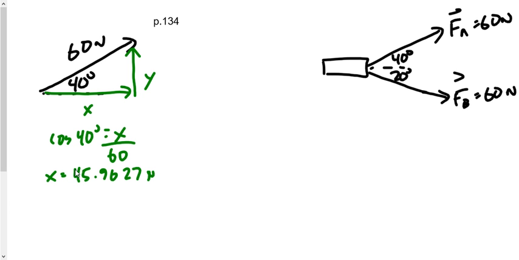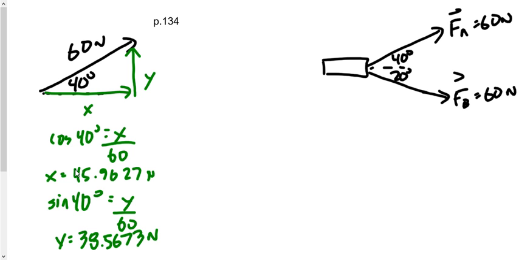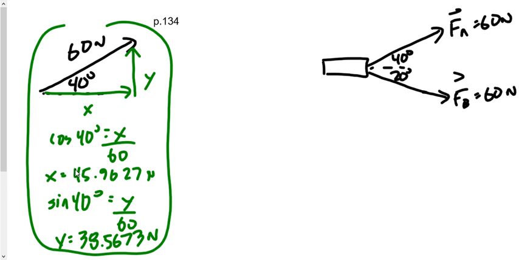Let's go: sine 40 degrees is equal to y over 60, or opposite over 60. 60 times sine 40 gives me 38.5673, and that's going to be newtons as well. All right, good. There's one of them off to the side, dealt with.